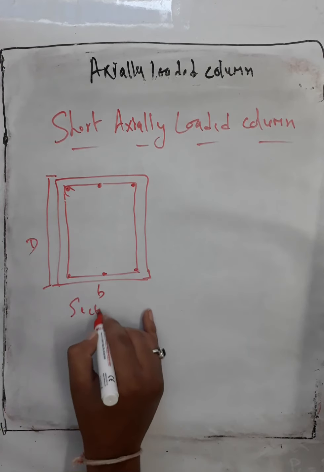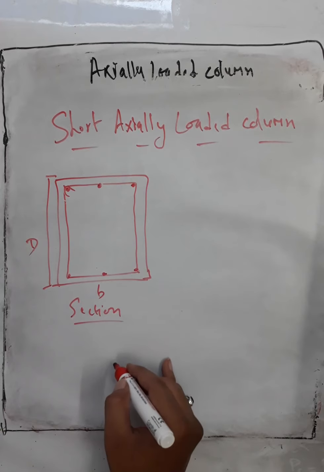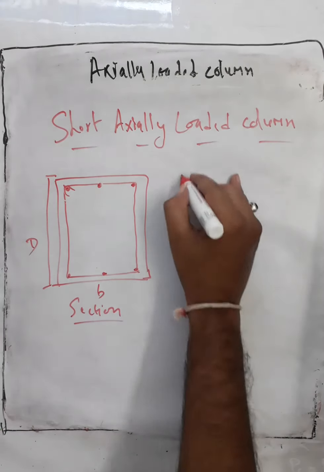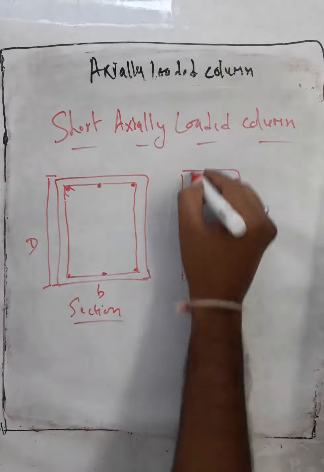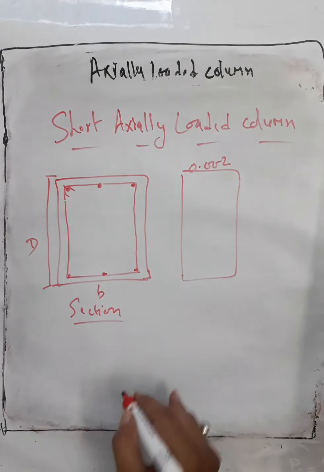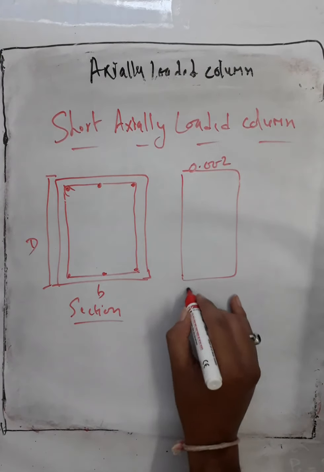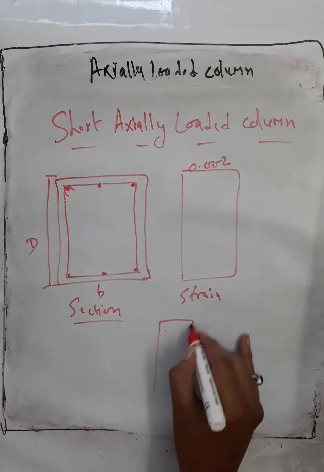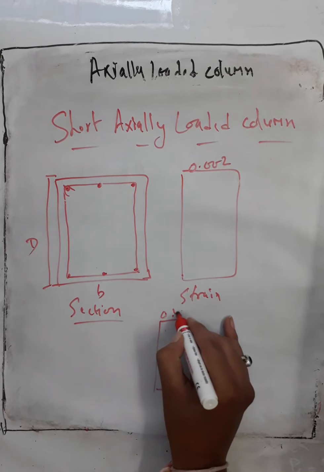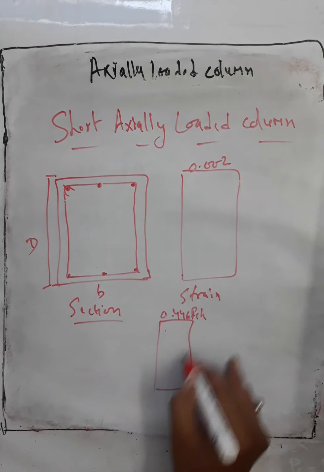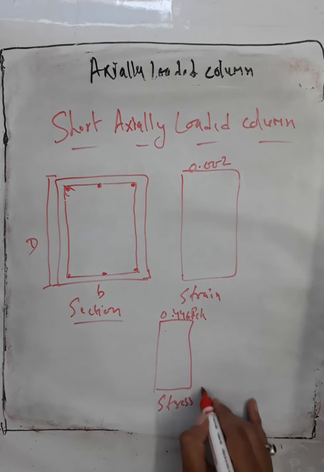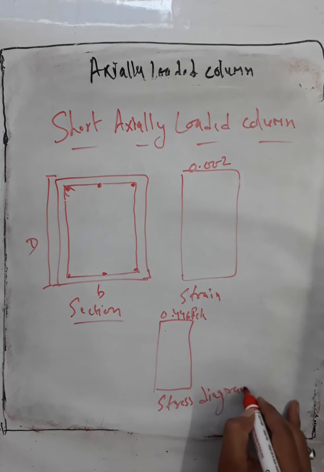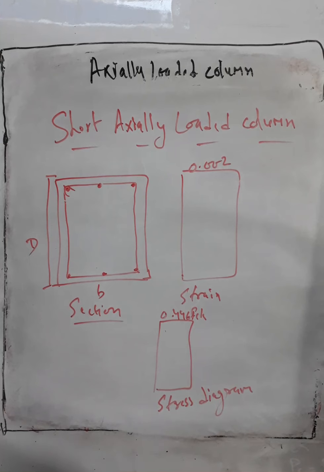Now if I draw the strain diagram of that column, this is the strain diagram and this value is 0.002. For the column, the stress diagram is 0.446 fck. With the help of these diagrams we have derived the equation.